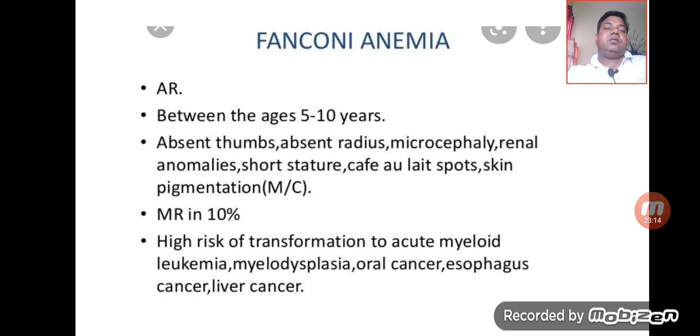Apart from this, there is another condition called Fanconi's anemia, an autosomal recessive disorder, basically seen between the age of 5 to 10 years.